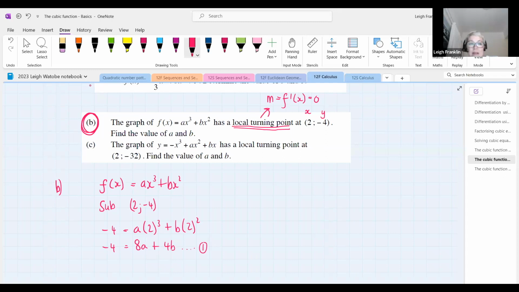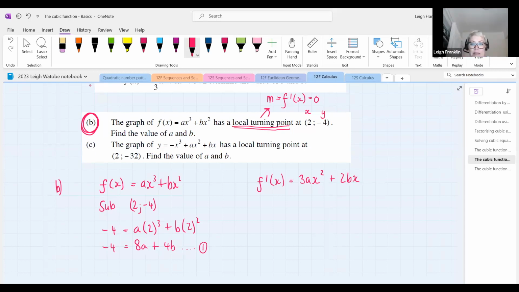So you need to work with the derivative: f prime x equals 3ax squared plus 2bx.